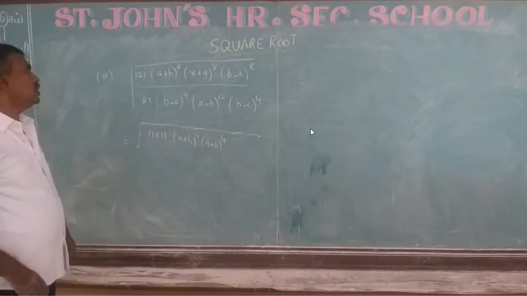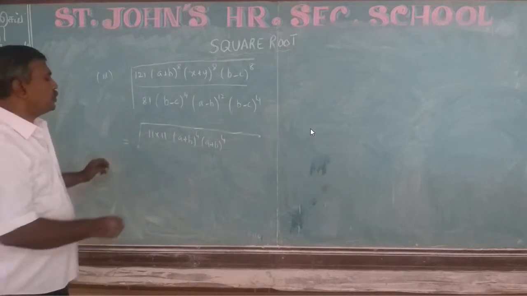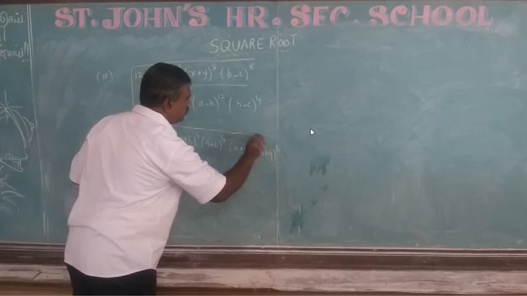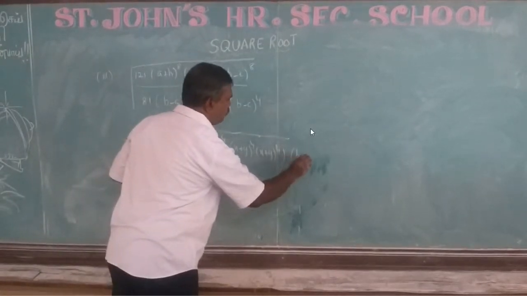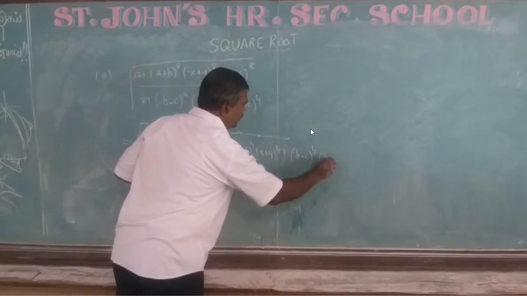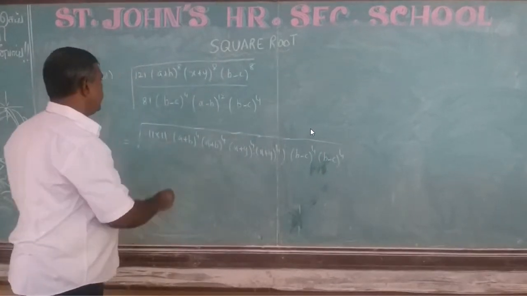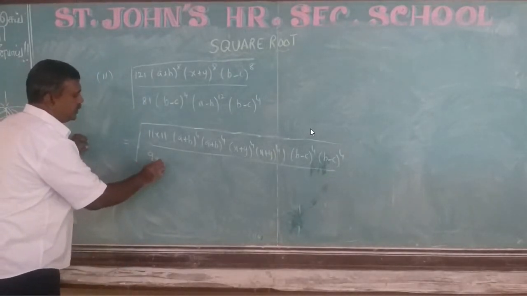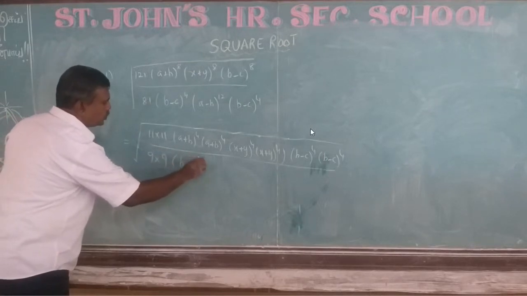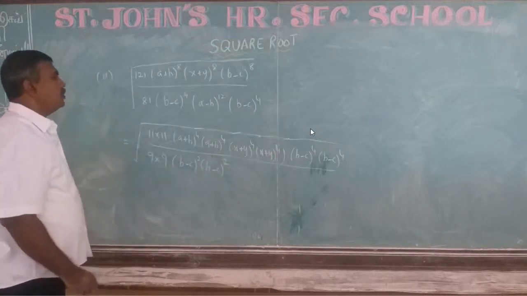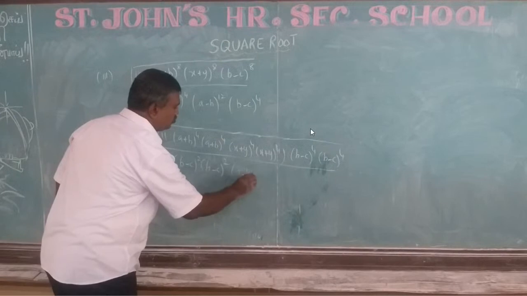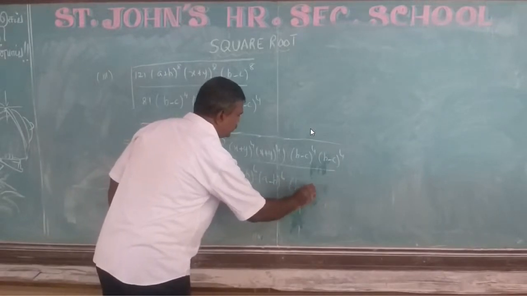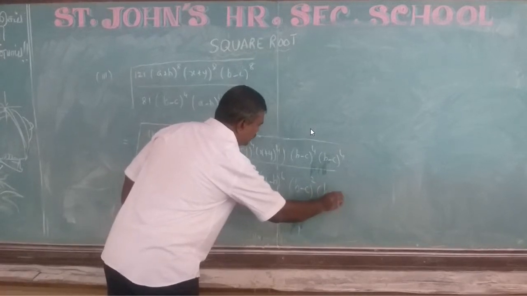Similarly x plus y the whole power 4 twice, and b minus c the whole power 4 twice, divided by 81, which can be written as 9 into 9, b minus c the whole squared twice, a minus b the whole power 6 twice, and b minus c the whole squared twice.